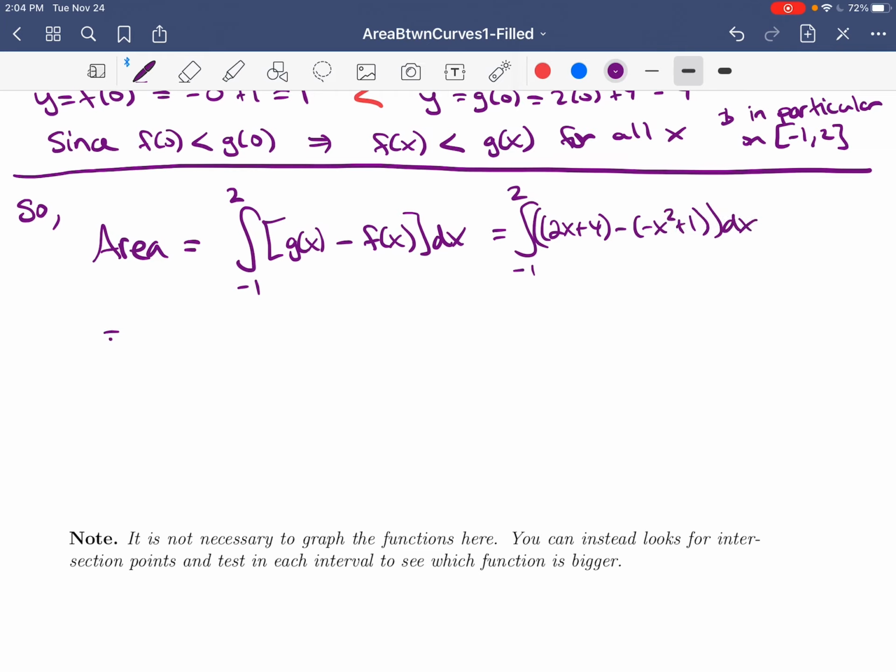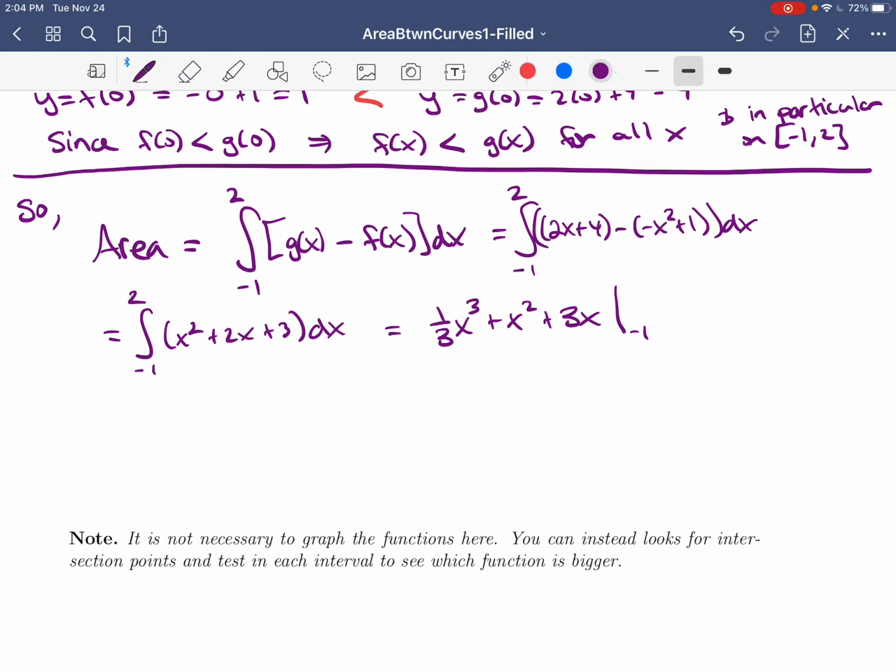Okay, so then if I simplify, this is going to be x squared plus 2x plus 3. Now I can take the antiderivative, so that's 1/3 x cubed plus x squared plus 3x, and I want to evaluate from -1 to 2.